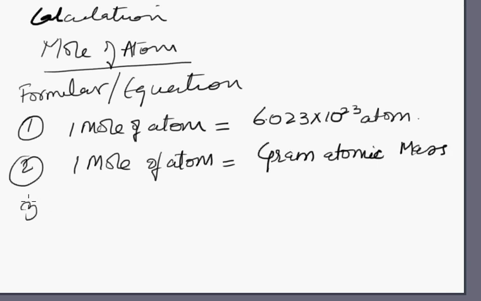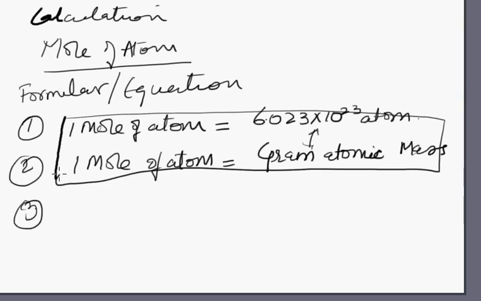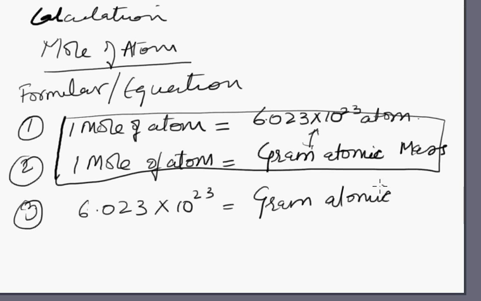And the third, derived from these two equations, is 6.023 into 10 to the power 23 atoms is equal to gram atomic mass.